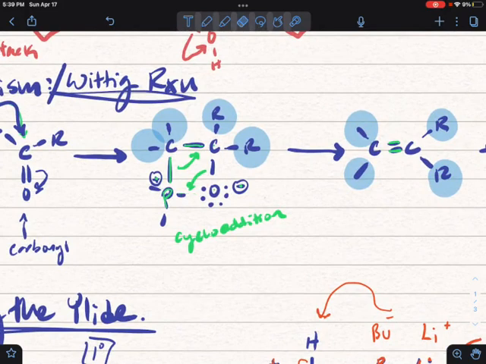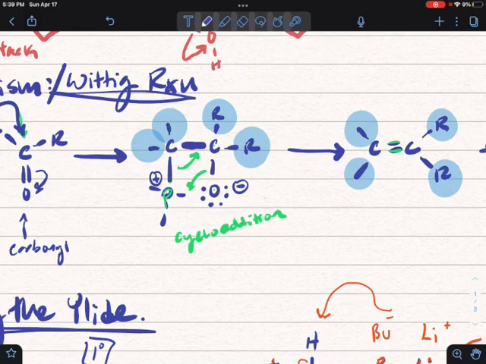So I'm going to erase a little bit of it just to show it a little bit better, but this is what we get after the nucleophile attacks. It forms this bond right here, and because we now have a very unstable molecule, and we have to deal with these positive and negatively charged atoms, this molecule will undergo cycloaddition.